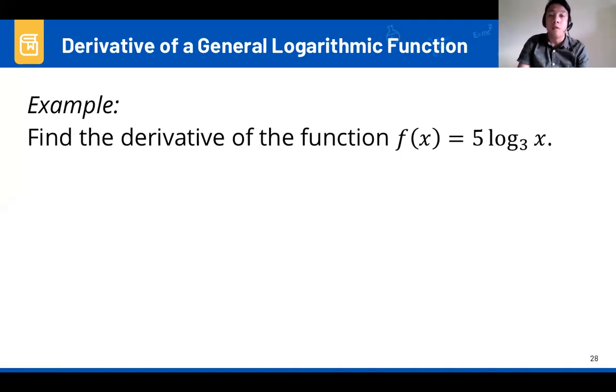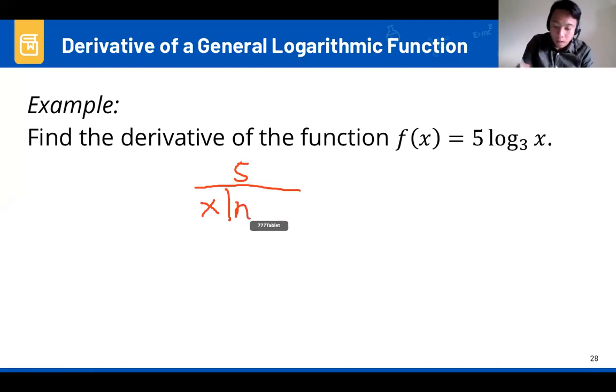Find the derivative of the function f of x equals 5 log of x with base 3. So in our derivation earlier, we will just copy 5 on the upper part, over x, the log will become ln, and 3, which is that part you call a.